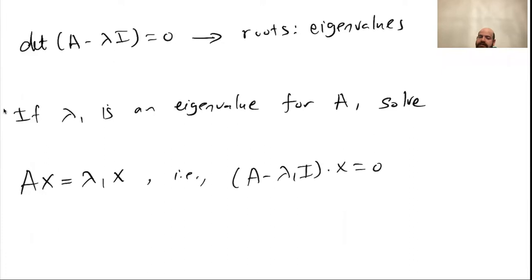And any non-zero solution of this system will be an eigenvector for lambda 1, because an eigenvector must be non-zero. And as long as lambda 1 is an eigenvalue for A, this system will have a non-zero solution.